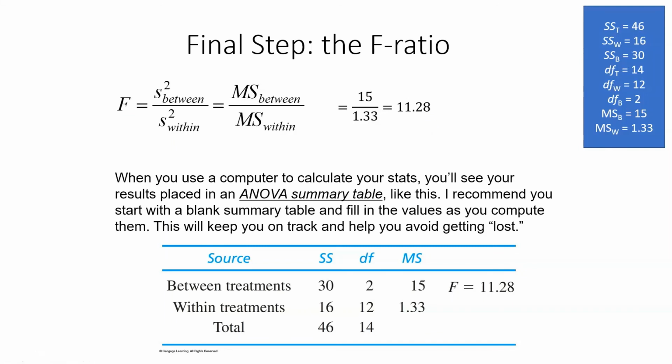When you use a computer to calculate your statistics, you'll see your results placed in an ANOVA summary table like this. I recommend you start with a blank summary table and fill in the values as you compute them. This will keep you on track to help you avoid getting lost. So notice that we have the word source here to represent the type of variability that's between treatments and within treatments versus total.